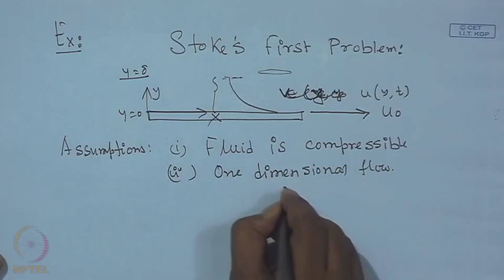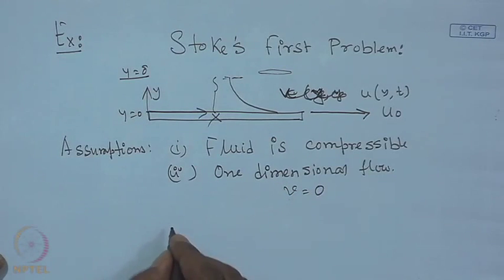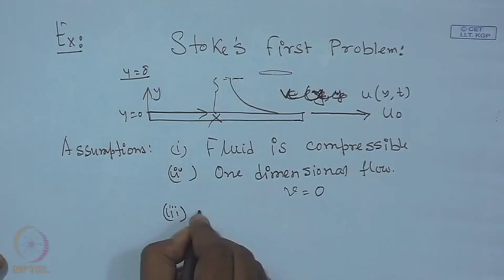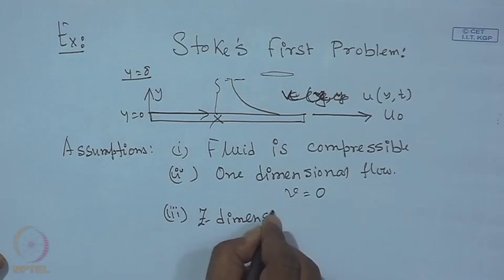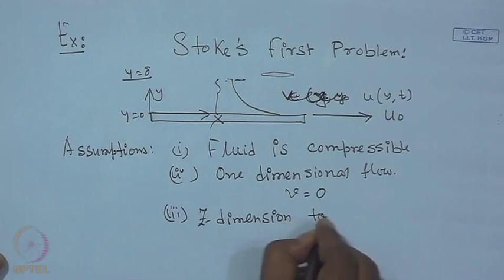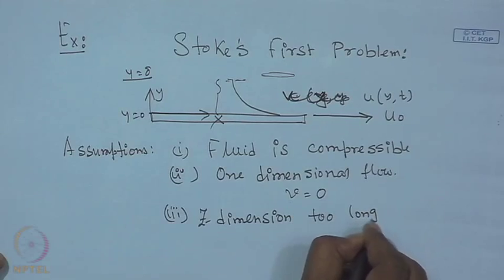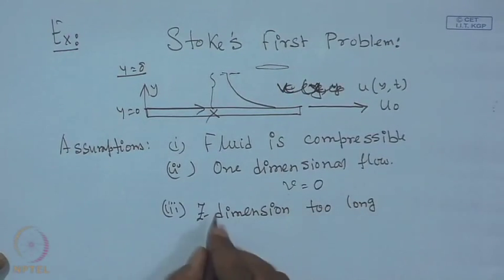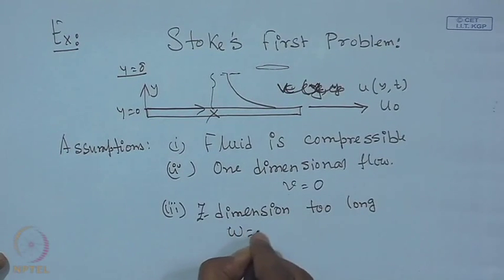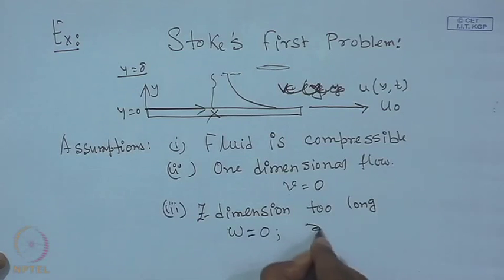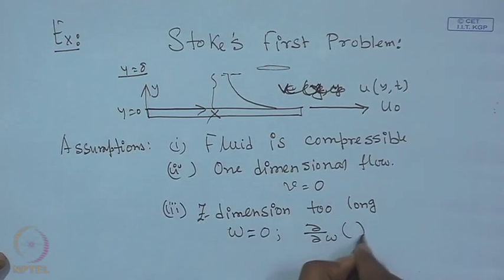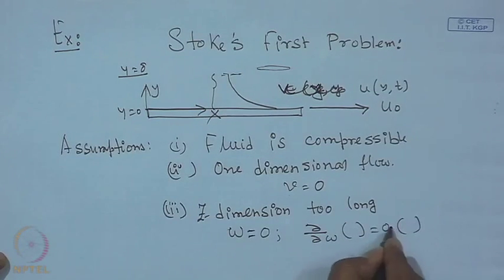So, v, the y component velocity, is 0. Third, the z dimension is very long. Therefore, w, the z component velocity, becomes 0, and all the derivatives with respect to z should vanish.